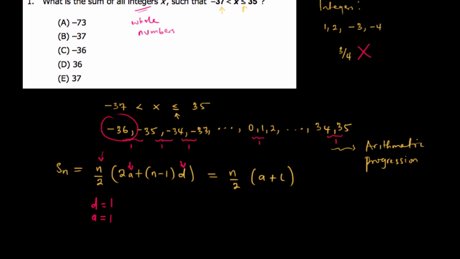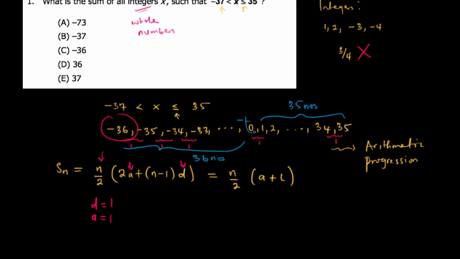Now here is a little sensitive, so you have to be very careful when you're trying to sum this. From 1 to 35, we have 35 numbers. Then from negative 36 to negative 1, you have 36 numbers.